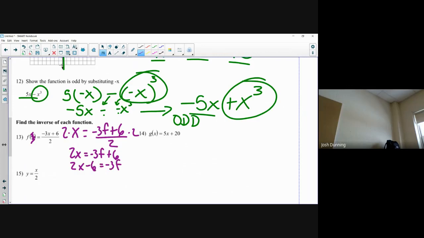Divide that whole thing by -3. That's basically it. Put the -1 on to mean inverse, slap that x back on. Now, you might separate that and say -2/3 x plus 2 if you actually do the division there. But technically, this is good enough.